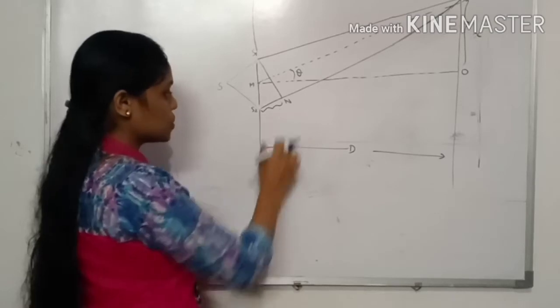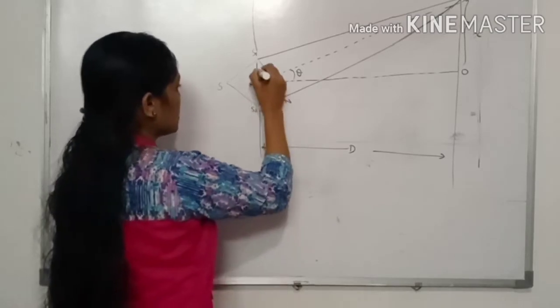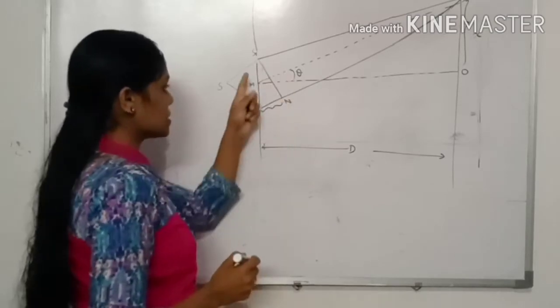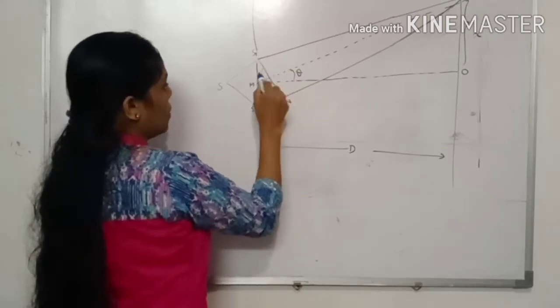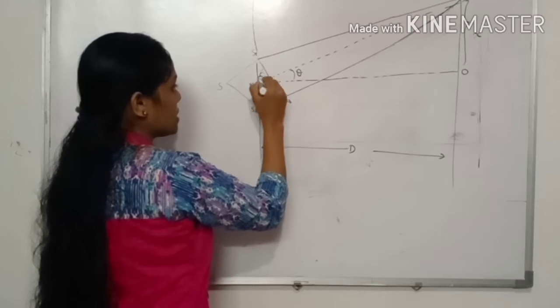To find S2N, let us check this angle. When this angle is theta, we will have this angle as theta.